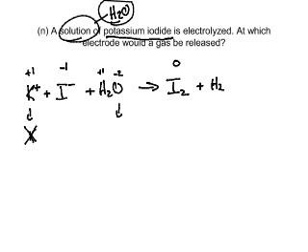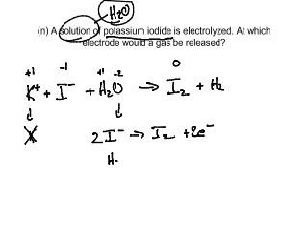So now we have a classic redox reaction that needs a more involved balancing. So I minus goes to I2. You have to put a 2 here, plus 2 electrons. And then you've got water turning into hydrogen. It didn't say if it's a basic solution or an acidic solution.